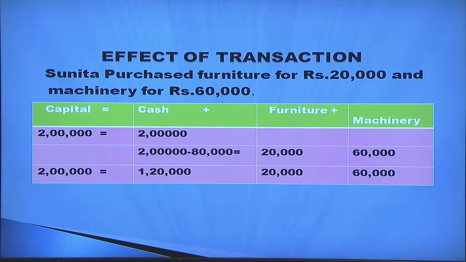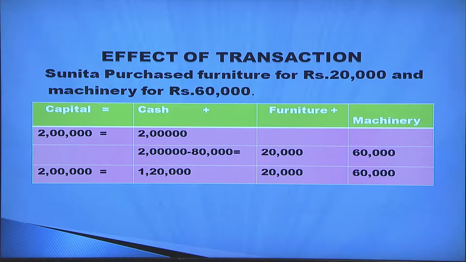Let us study the effect of transaction on another situation. Sunita purchased furniture for rupees 20,000 and machinery for rupees 60,000. Here under assets you can include furniture and machinery and cash.